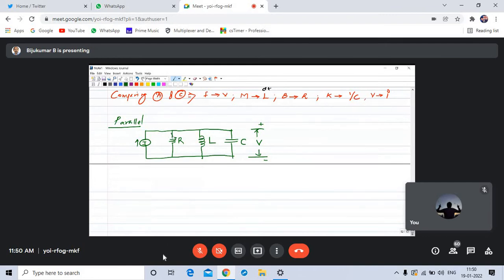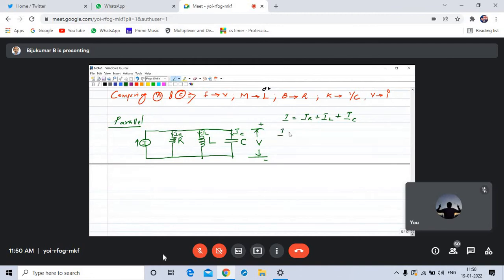So let the current flowing through the resistor be IR, current flowing through the inductor is IL, current flowing through the capacitor is IC, right? So applying Kirchhoff current law, we can write the applied current I is equal to the sum of IR plus IL plus IC.